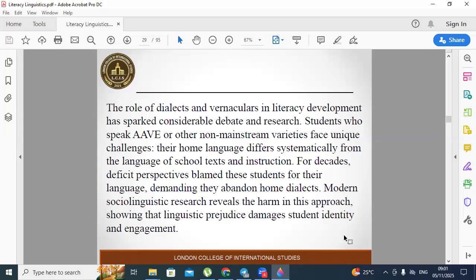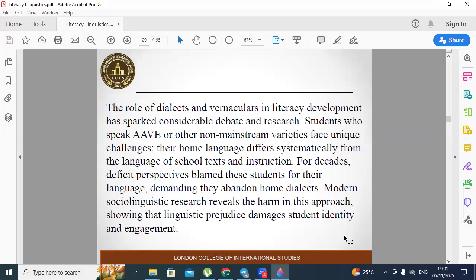This approach, sometimes called code-switching instruction, frames standard English as an additional resource rather than a replacement for home language. Students learn to switch between varieties depending on context, much like they might speak differently with friends versus in a formal interview.